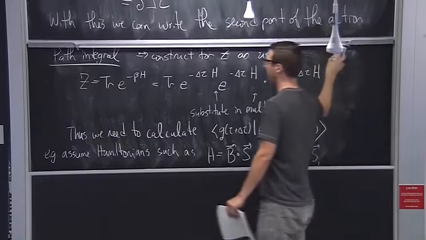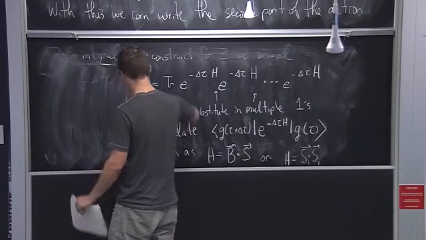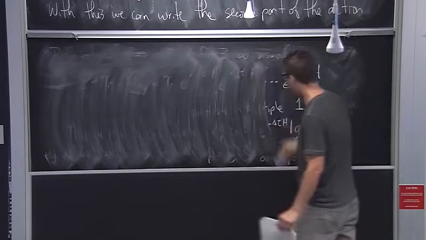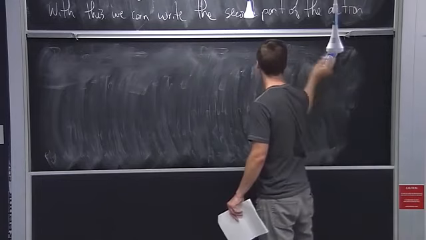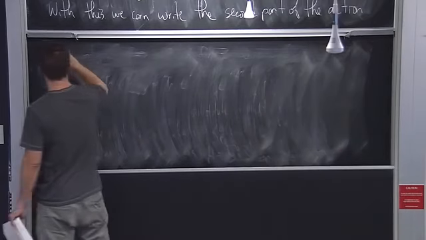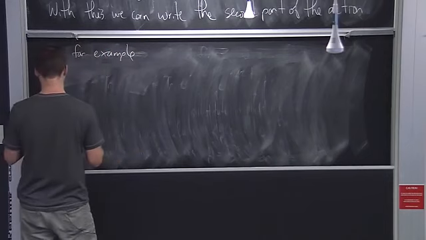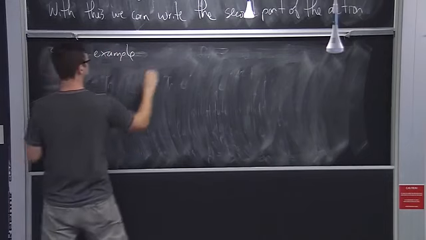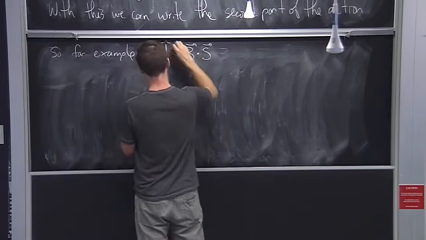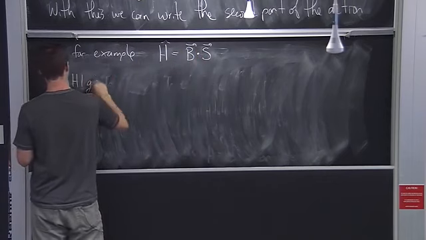Okay, so for example, if I have h dot b, it's simple. All you get out is SB and the angle between B and omega.